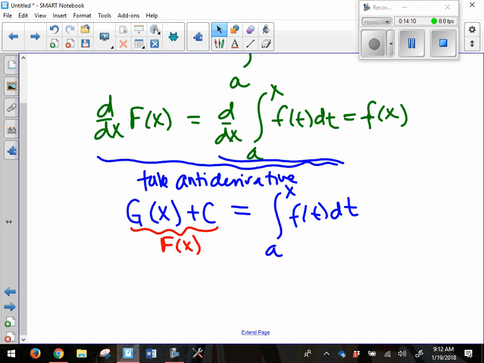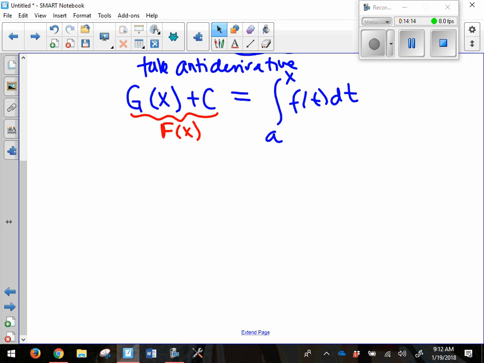So what I need to do is figure out what that c is. So what I'm going to do is let x be equal to a.